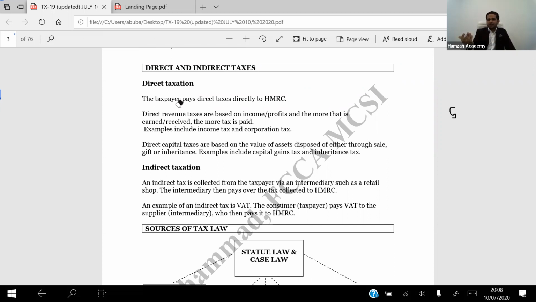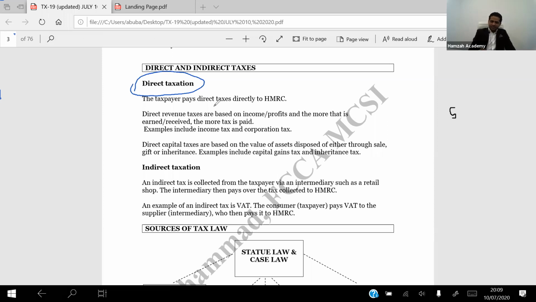I don't think, or very rarely, somebody will ask you a question to differentiate between direct and indirect taxes. You should be learning, that's a plus point, of course. You should have in-depth knowledge of what exactly we call direct and what exactly we call indirect taxes. So what are direct taxes?